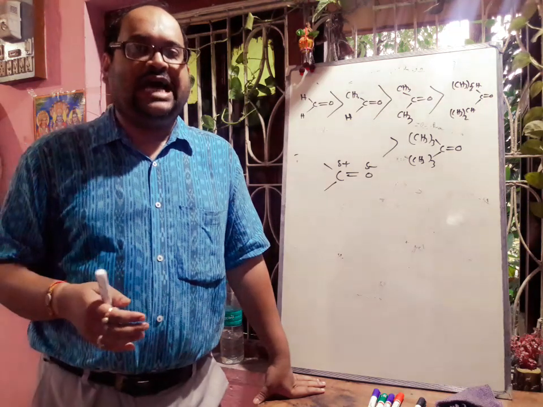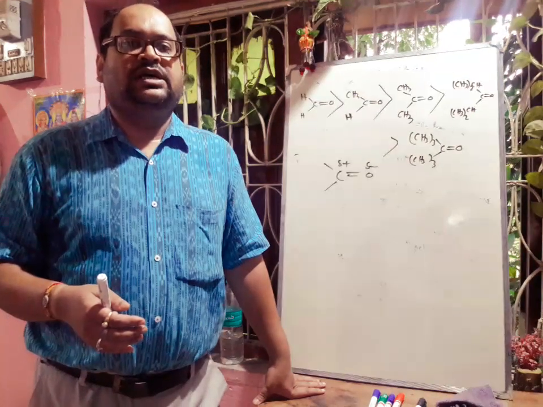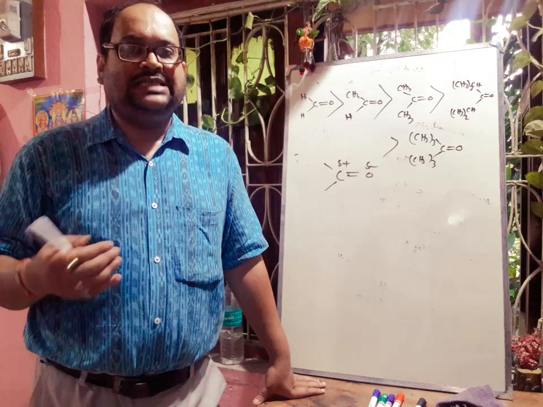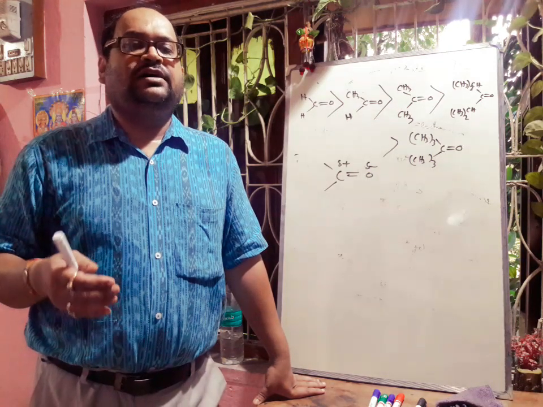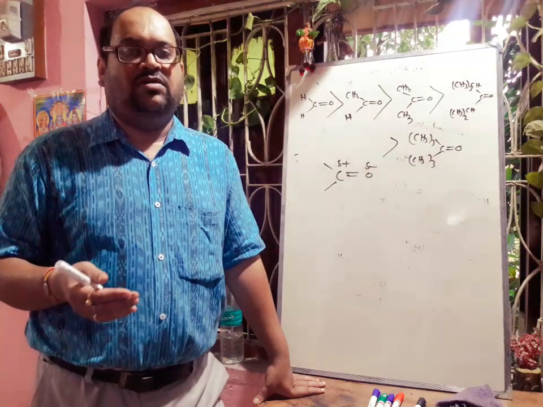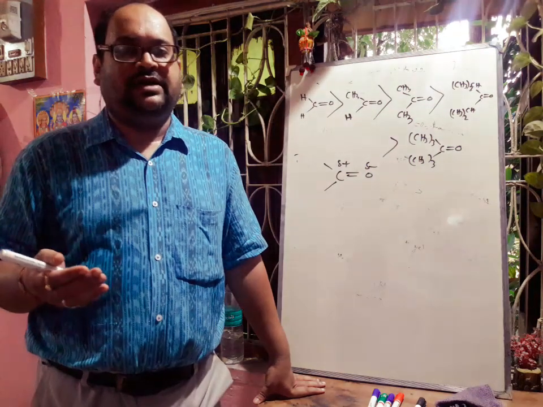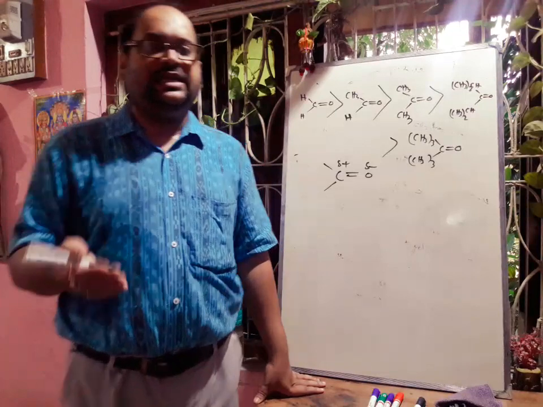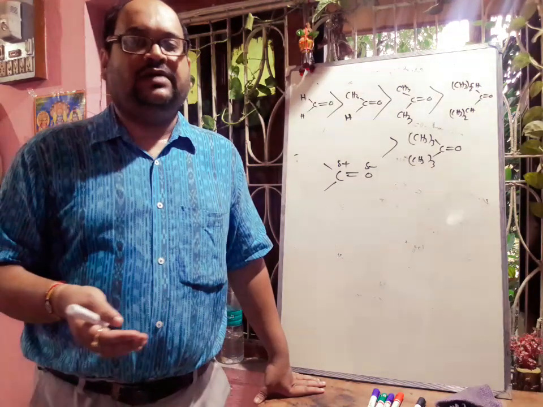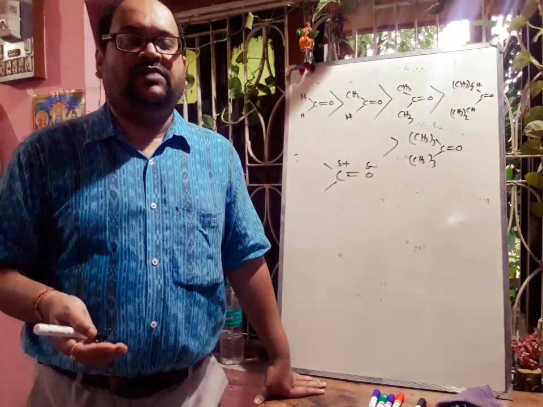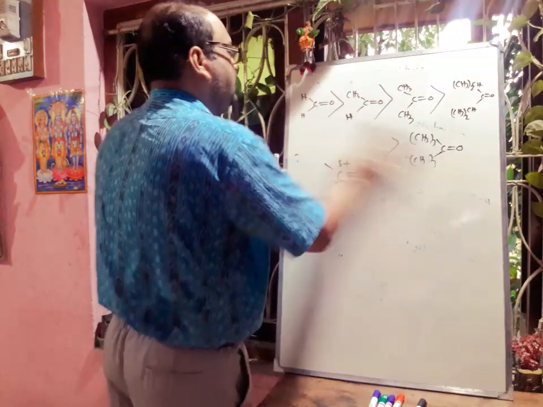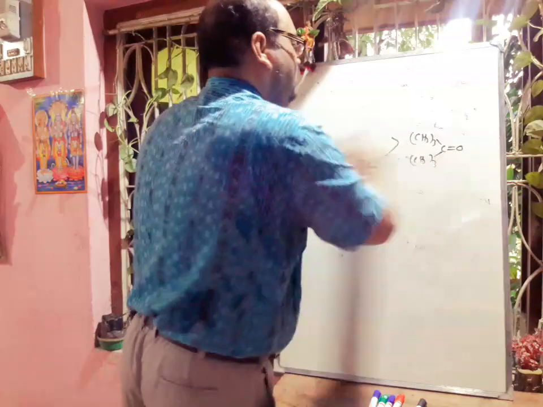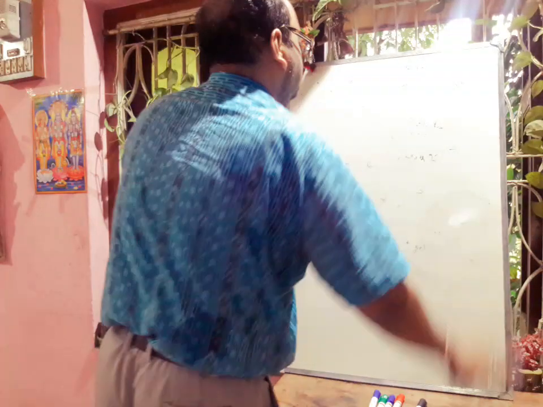Now if we consider aromatic aldehydes and ketones, these are less reactive than their corresponding aliphatic compounds. This is because the plus R effect dominates over the minus I effect of the aryl group. If we draw the resonating structure, you can easily understand why aromatic aldehydes are less reactive compared to aliphatic aldehydes.